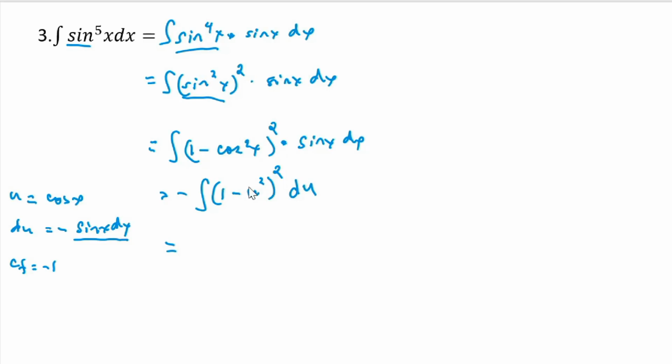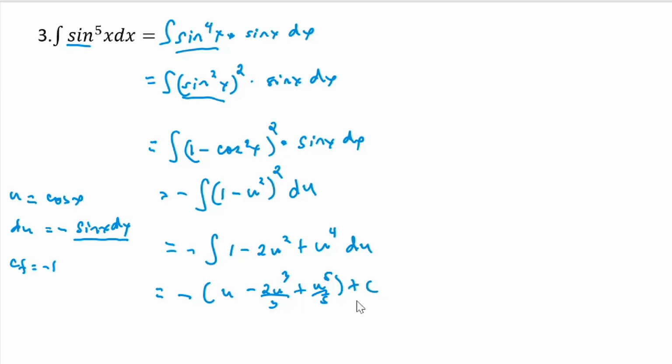So the integrand has the square of 1 minus u squared, that can be expanded as 1 minus 2u squared plus u raised to the power 4 du. And after that, we are going to integrate. So the negative of u minus 2u cubed over 3 plus u raised to 5 over 5 plus a constant. And then we're going to rewrite the meaning of u, and at the same time multiply the negative 1.